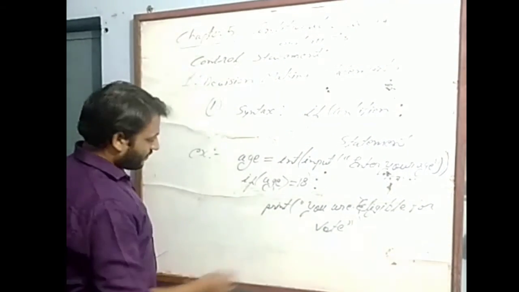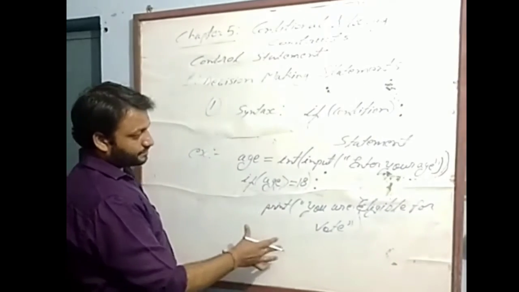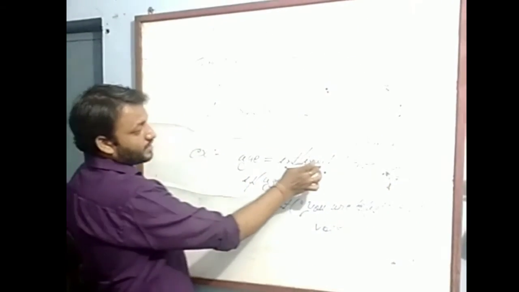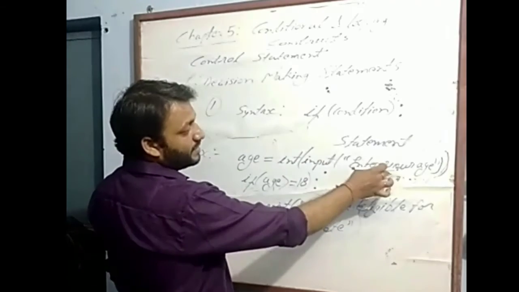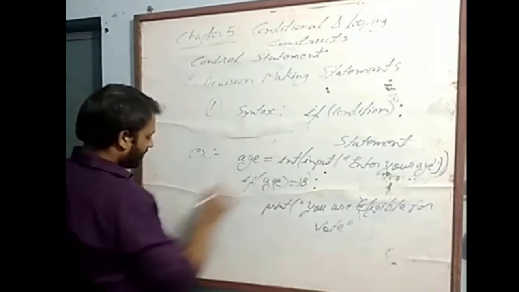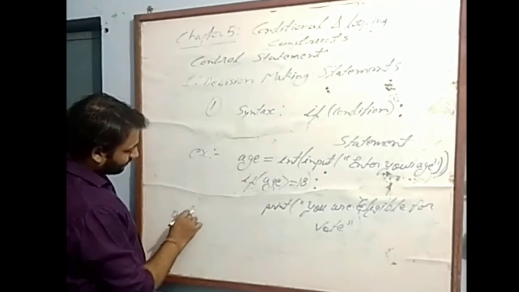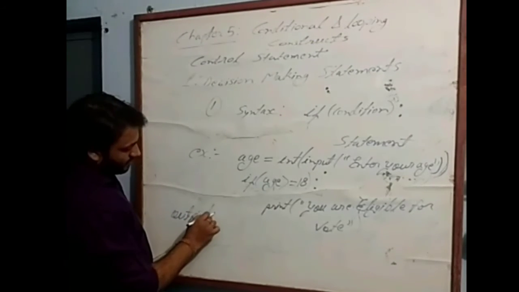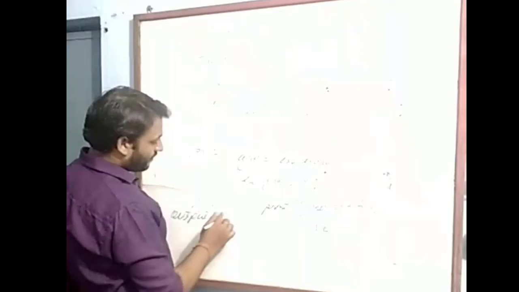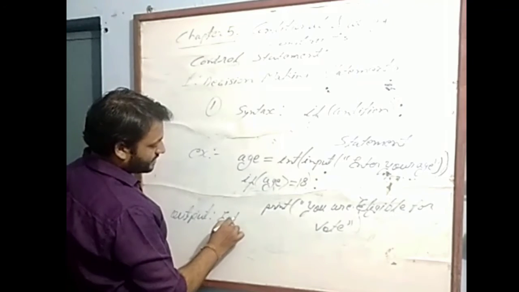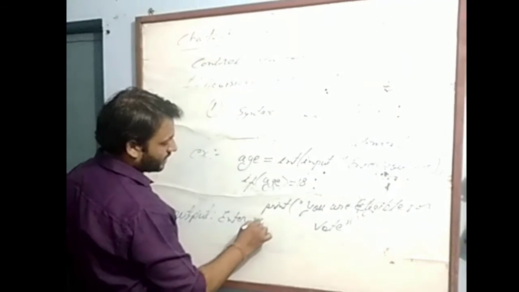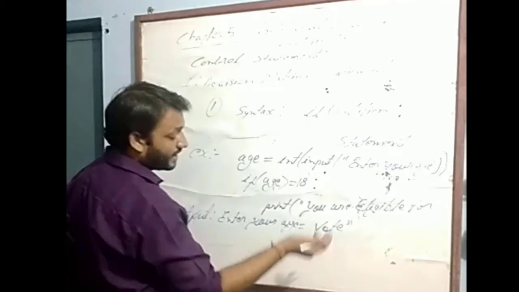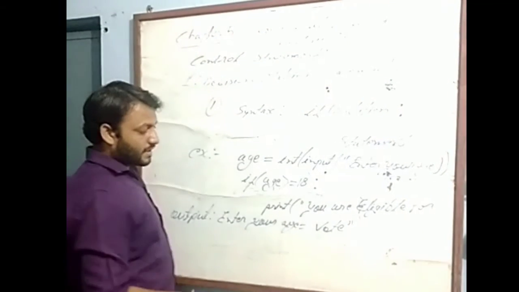When you execute that program, first the program will take some input. The output will come like this: first it will execute "enter your age."